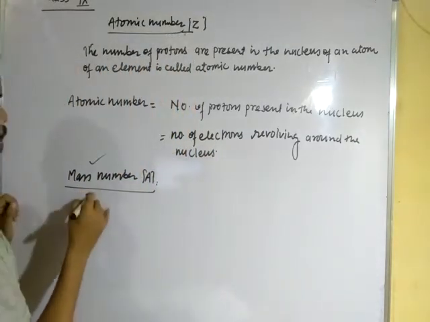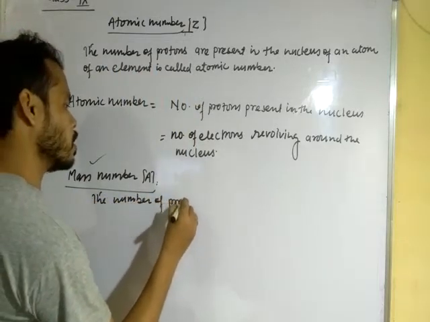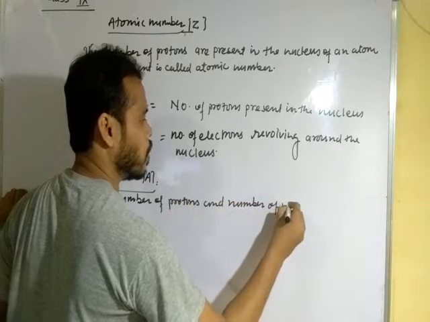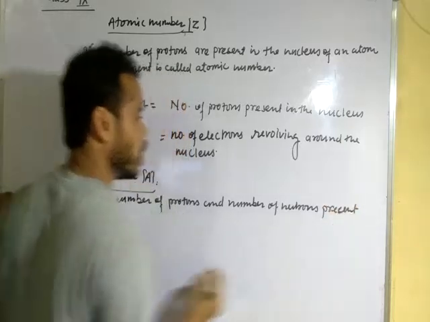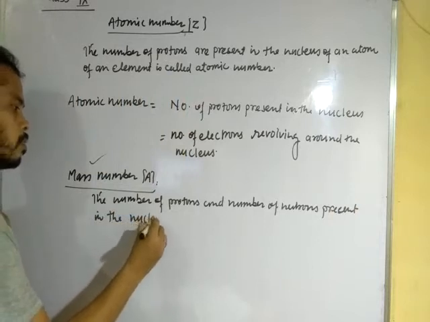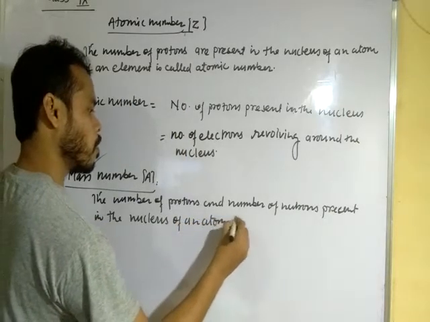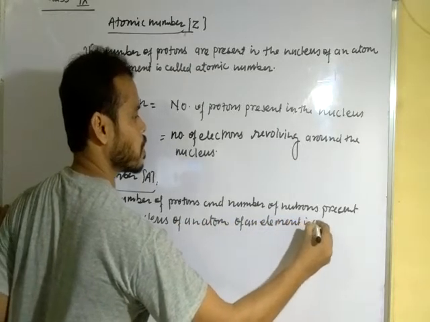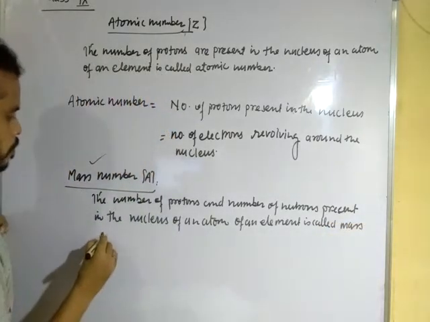The definition is the number of protons and number of neutrons present in the nucleus of an atom of an element is called mass number.